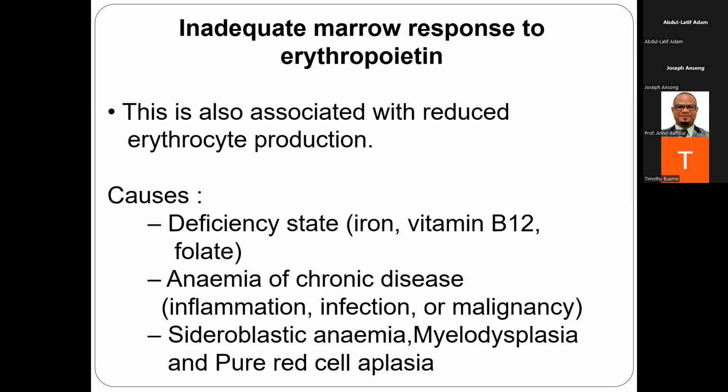Then anemia of chronic disease: inflammation, infection, and malignancy in the bone marrow. Production of red cells is affected in aplastic anemia and pure red cell aplasia. If the red cells are not being produced for whatever reason, then it will not work.